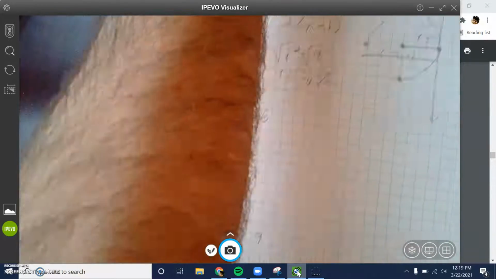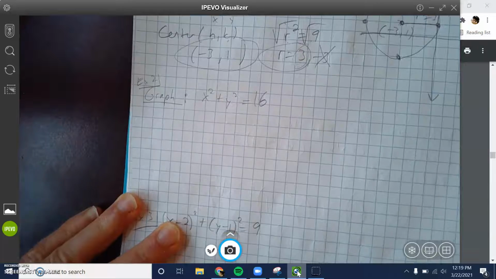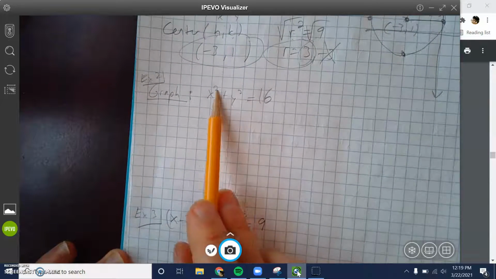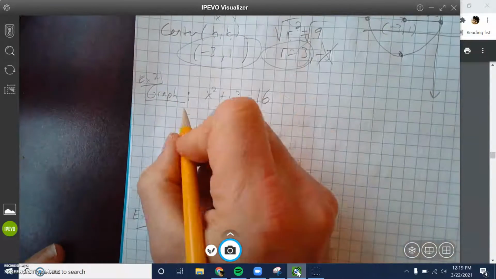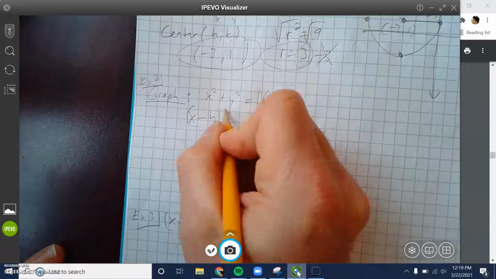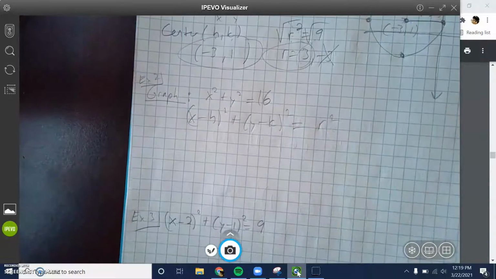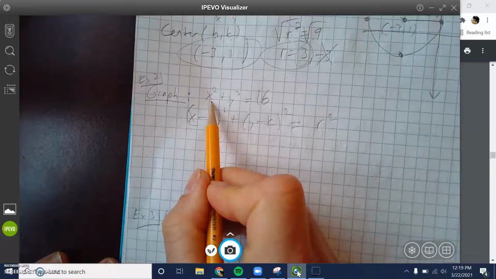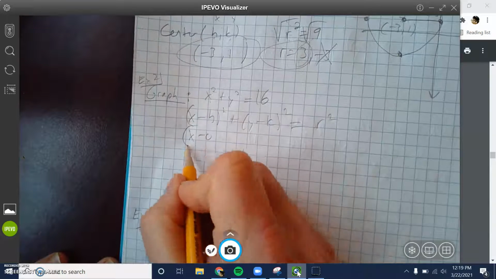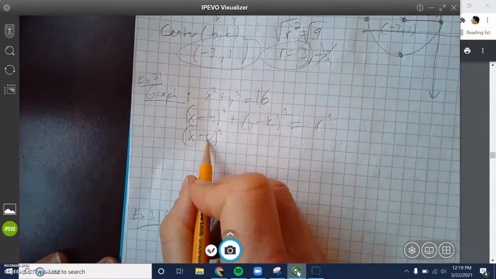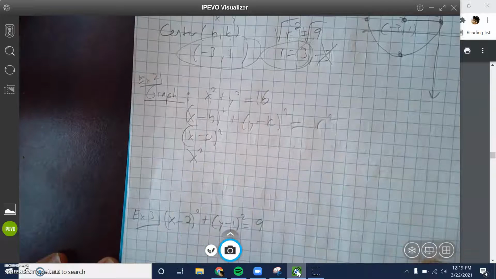Cool. Let's try another one, shall we? Okay, so graph x² + y² = 16. Compared to (x − h)² + (y − k)² = r², obviously h is going to be 0, because x minus 0 squared is just x squared, since anything minus 0 is itself.